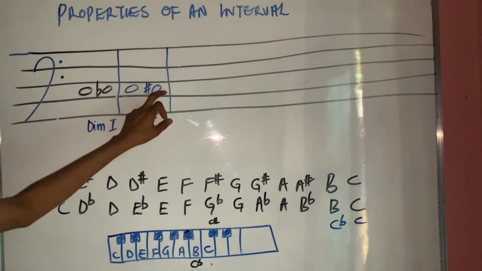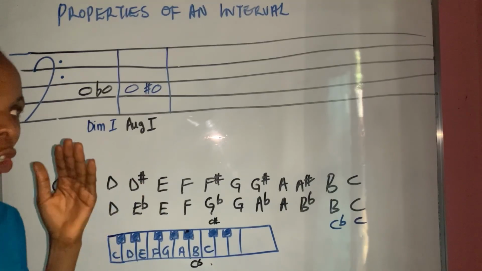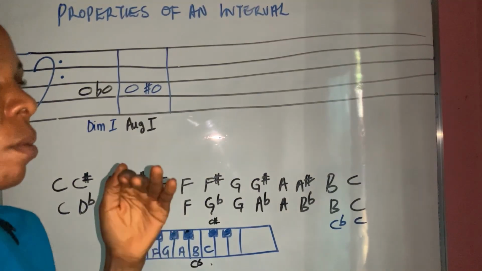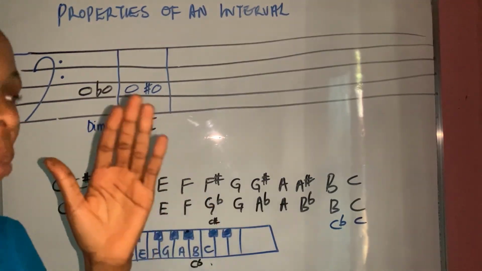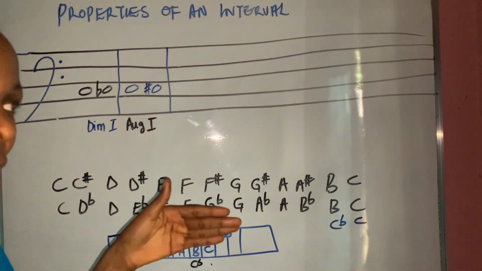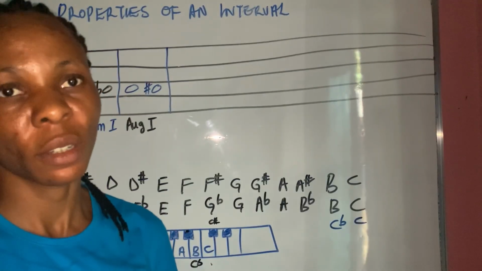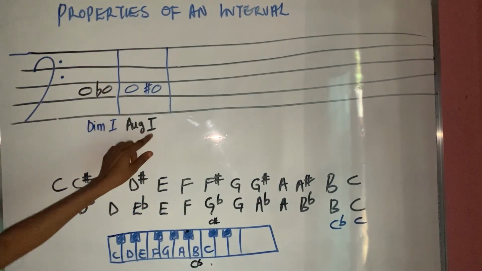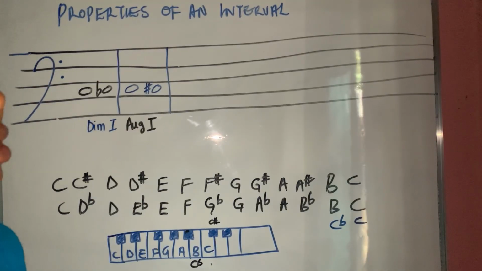So C to C sharp is called augmented unison. When a perfect is increased, it becomes augmented. When a perfect is decreased, it becomes diminished. So that's how we get augmented unison. 1 means unison.